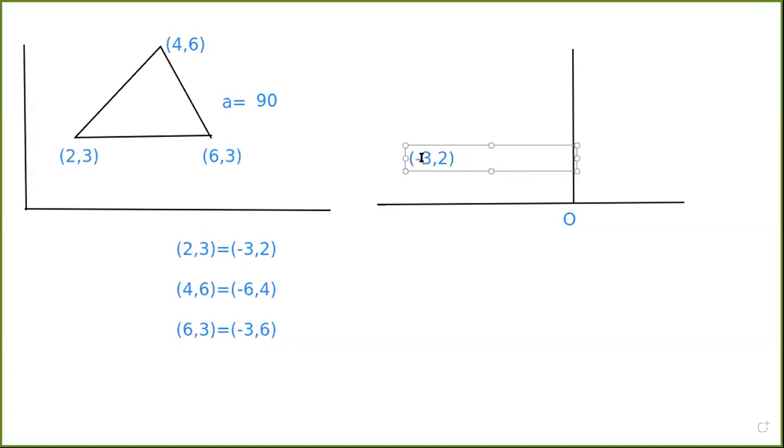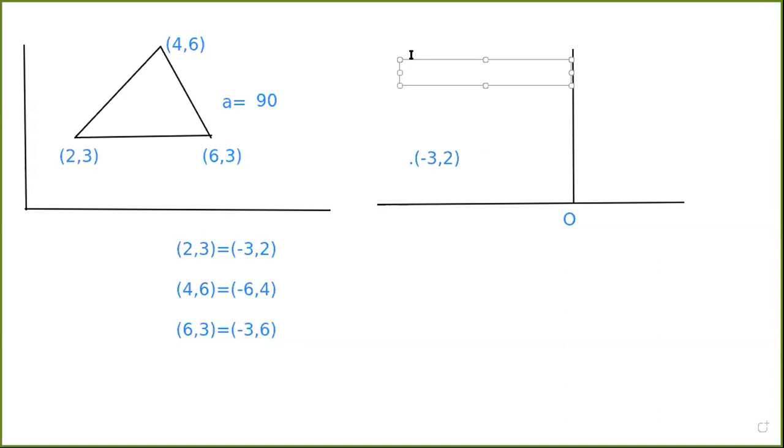Suppose 3 is here at this point. And your 6, 3 is changed to -3, 6.